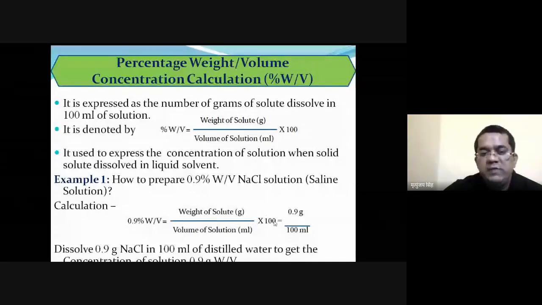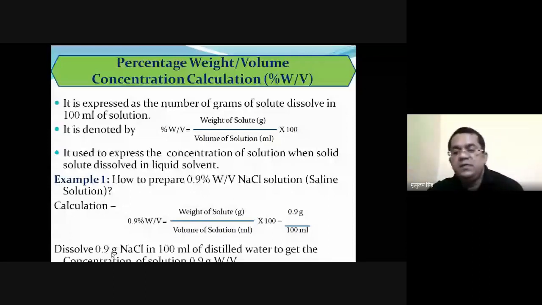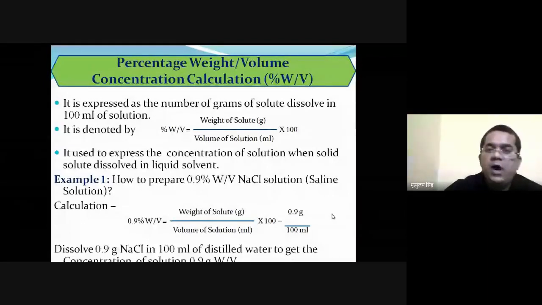Weight of solute is given, 0.9, and volume of solution, since it is a percent solution, you are using 100 ml. After calculation, you get 0.9 gram of NaCl in 100 ml of distilled water to get the concentration of 0.9% weight by volume.